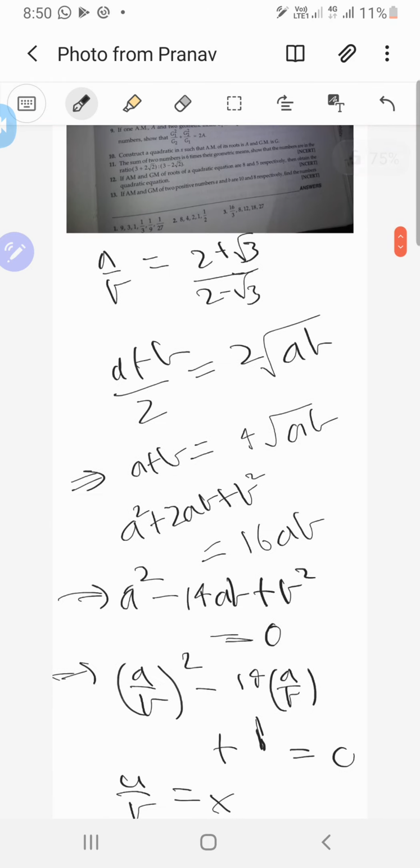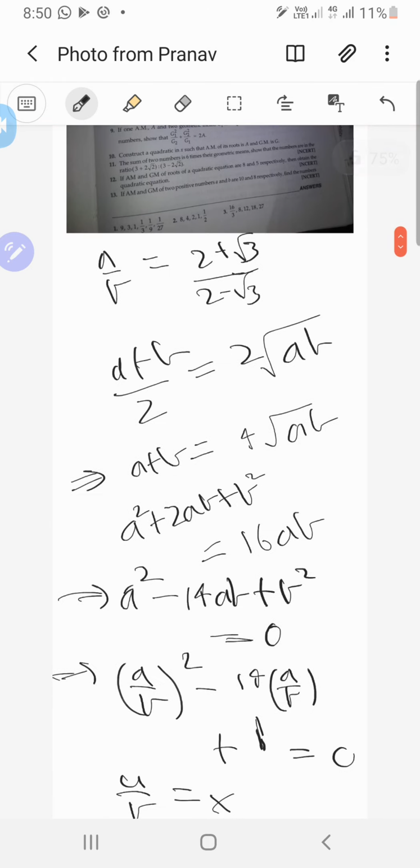No, you can pull out a 3 from it, so you get 17 plus minus 12 root 2. So one of them can be 17 plus 12 root 2 or 17 minus 12 root 2.